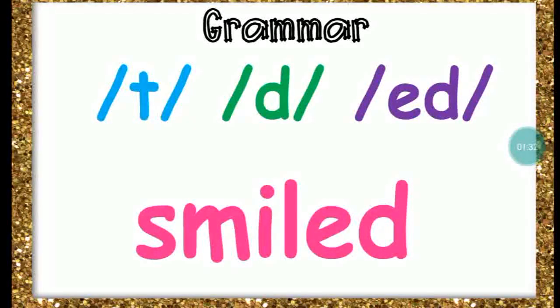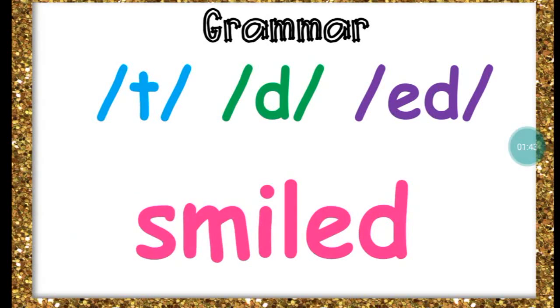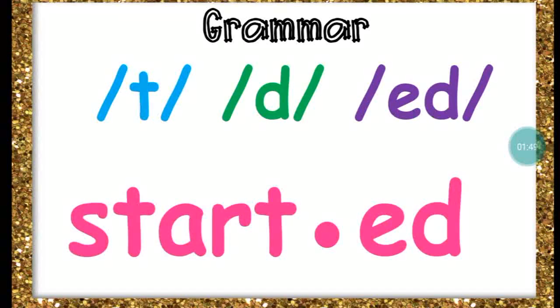Okay, smiled, smiled. What sound did you hear at the end? I heard ed. Okay, this is started. So let's take this one again, sorry. Smiled, smiled. I heard d, not ed, okay? Started, started. What did you hear at the end?